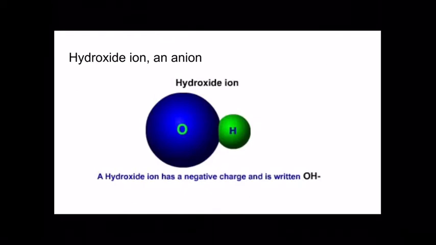So that makes this molecule have an overall negative charge. So we call this a hydroxide ion. It's a small molecule that is an ion because it has a charge, and in this case it's a negative charge.